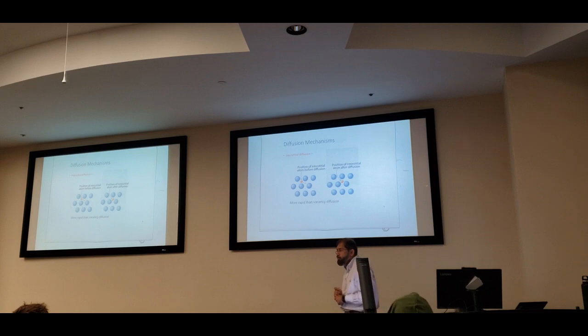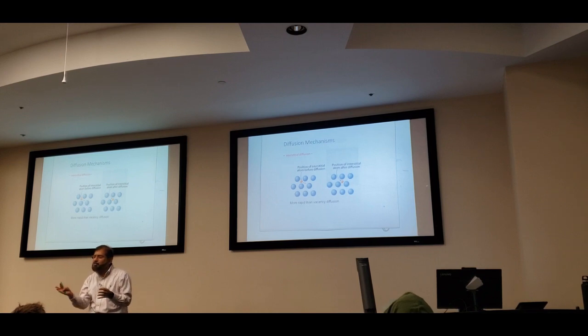Another important thing is interstitial diffusion. What is interstitial diffusion? Again, if there is some space in between these chairs, and if it is a baby, for example, the baby may be able to squeeze between the chairs to that point.